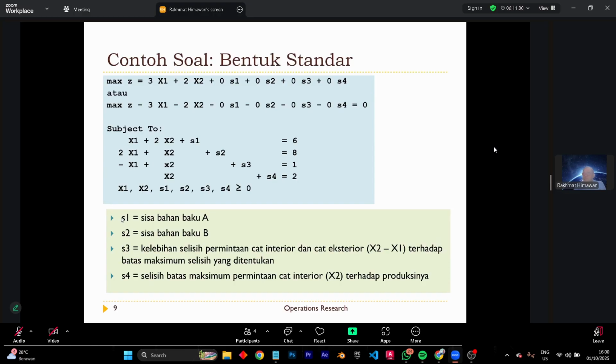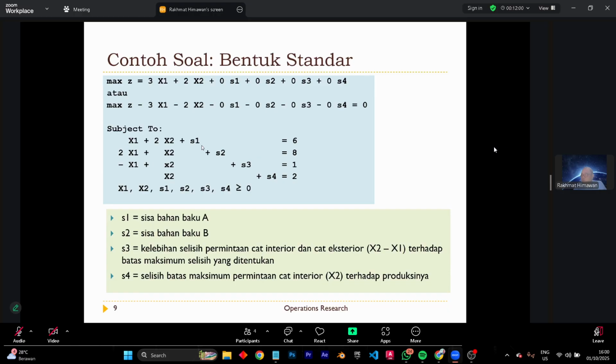But then we have this: what is the meaning of S1, S2, S3, and so on? Previously, I was saying that it's just an artificial variable, additional, to make the left side and right hand side equal. But if we are now going to the sensitivity analysis, then there is a meaning of S1, S2, and S3.